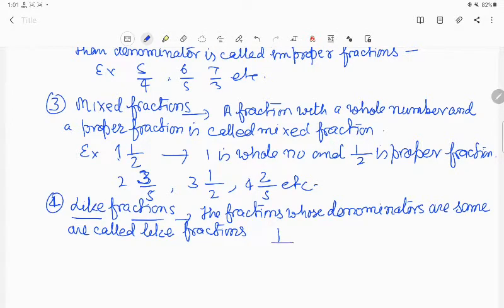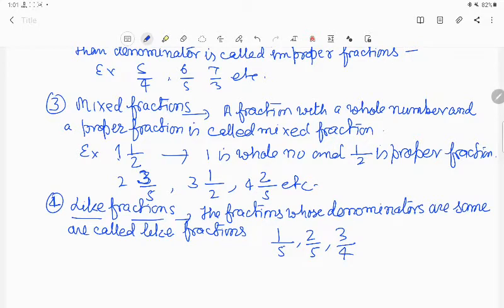See, 1 by 5, 2 by 5, 3 by 5. These are called like fractions.